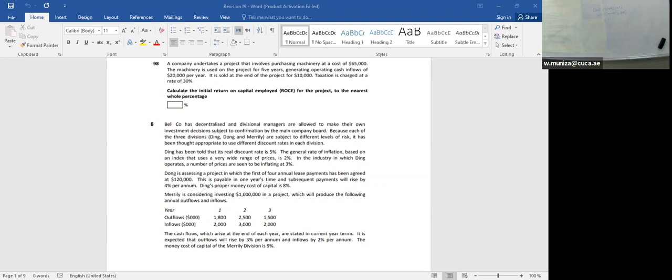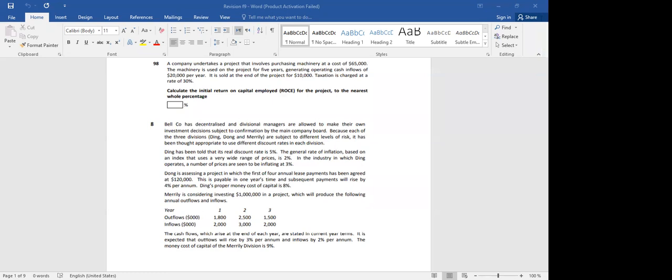Then for year 2, 2500 into 1 plus 0.03 raised to the power 2, because we are in year 2. Then for year 3, 1500 into 1.03 raised to the power 3. Got it, Angelica? Yeah, miss.